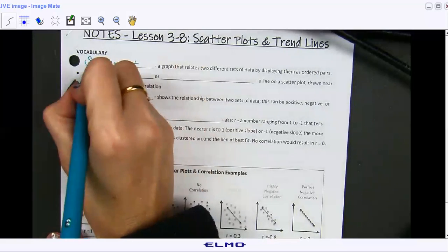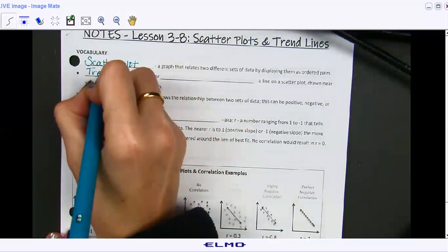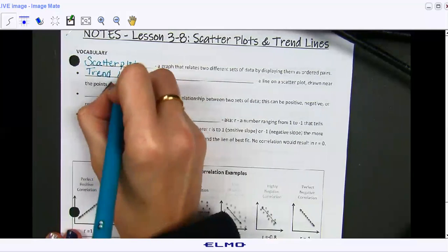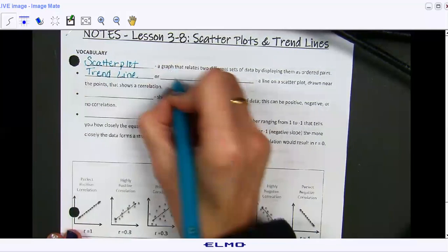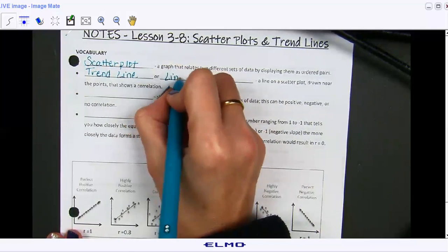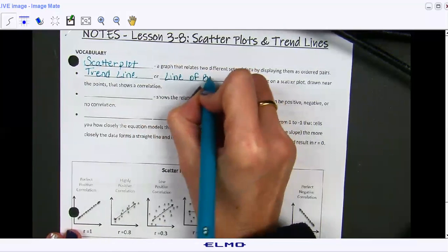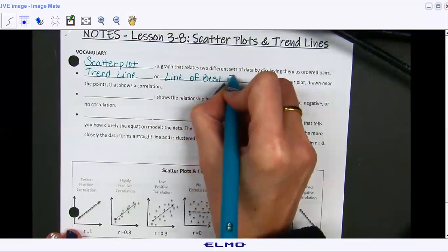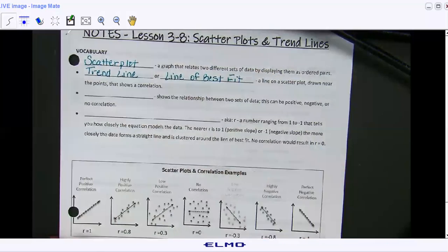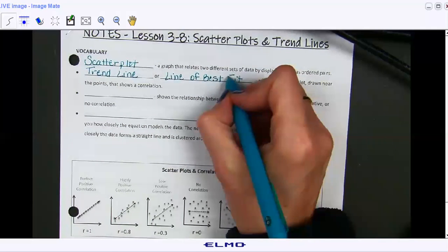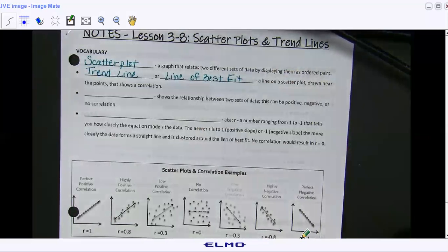Okay, so we call that a trend line, or line of best fit.